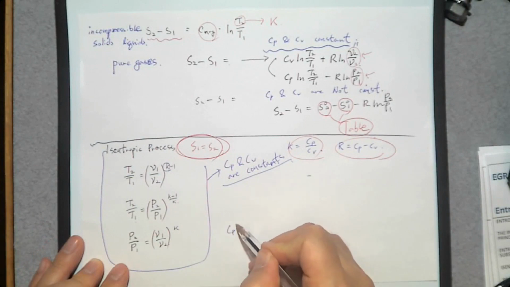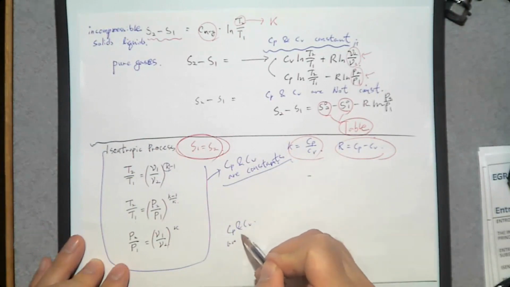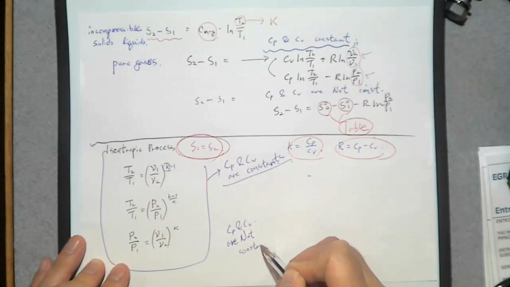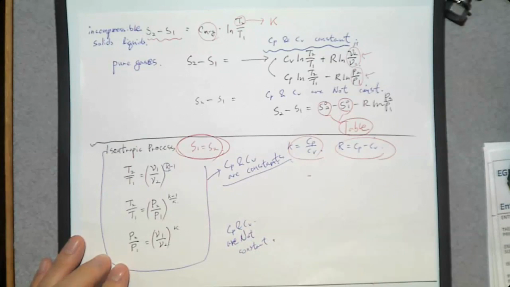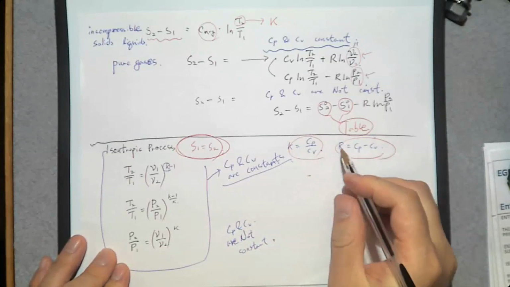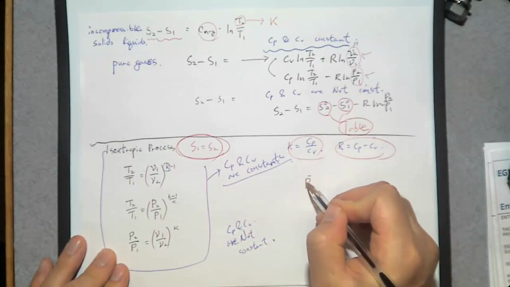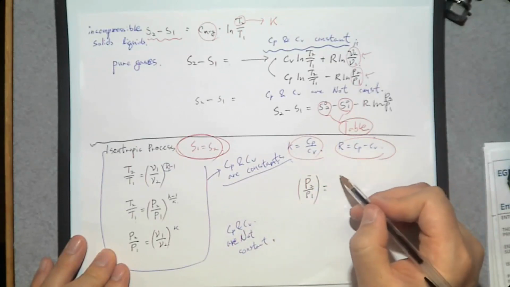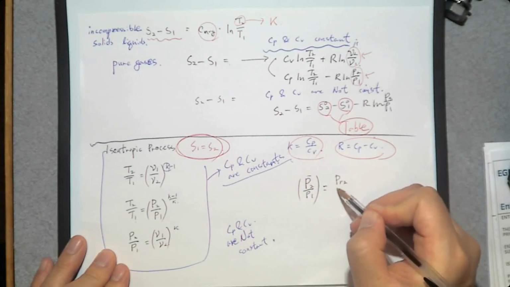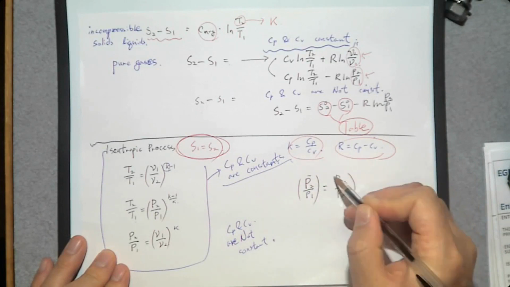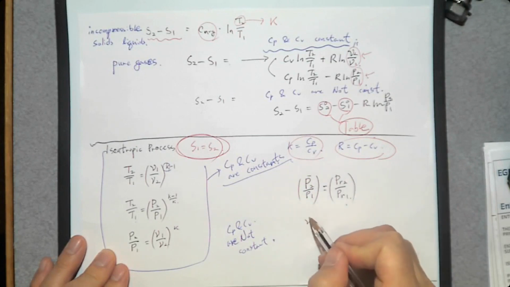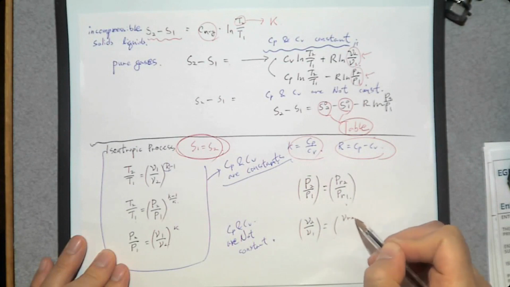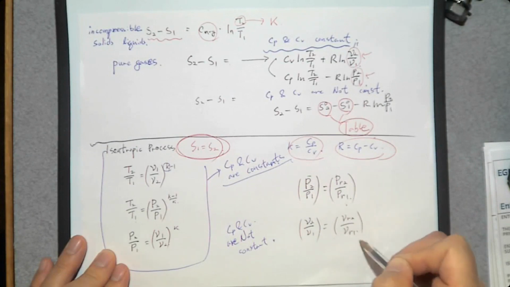If Cp and Cv are not constant, then the two equations that we can use with a table are P2 over P1 is PR2 over PR1, and V2 over V1 is VR2 over VR1.